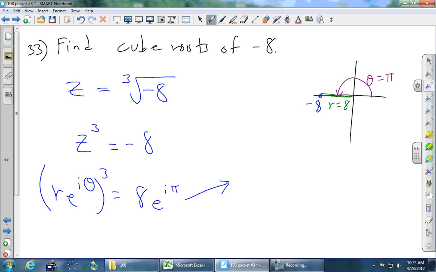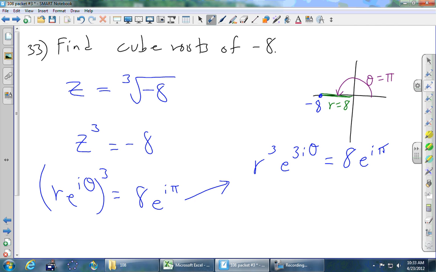So what do we get on the left? r cubed, e to the 3 times i times theta, or 3 times theta times i. Just bring that 3 in. And that's supposed to equal 8e to the i pi.